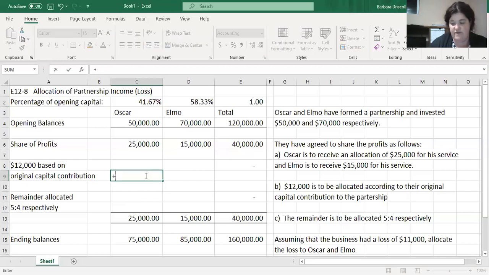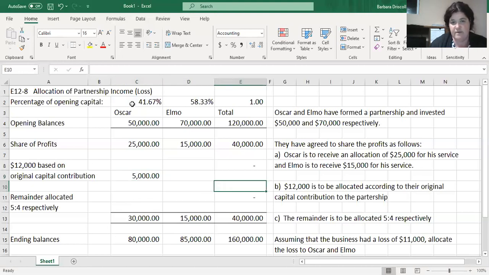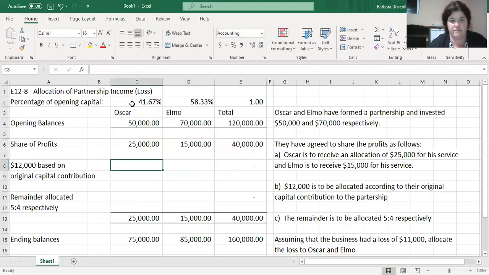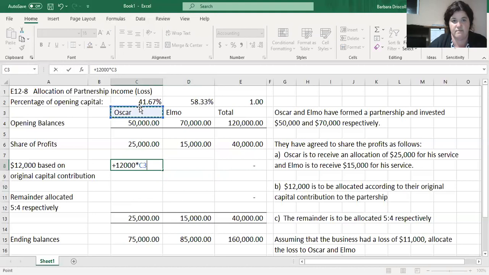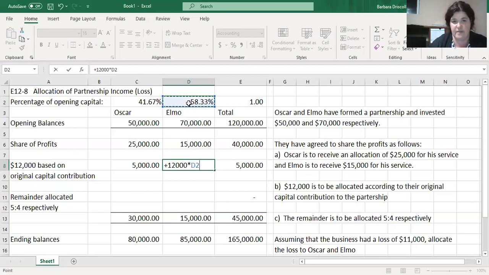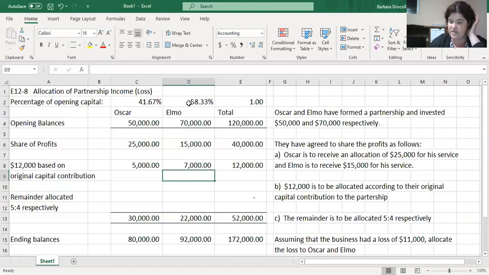So we will take the $12,000 as stated in the partnership agreement and multiply that by the 41.67%. We'll then take the $12,000 and multiply it by Elmo's share, which is $70,000 divided by $120,000, which gives us 58.33%. We've allocated $12,000 based on the original capital contribution.